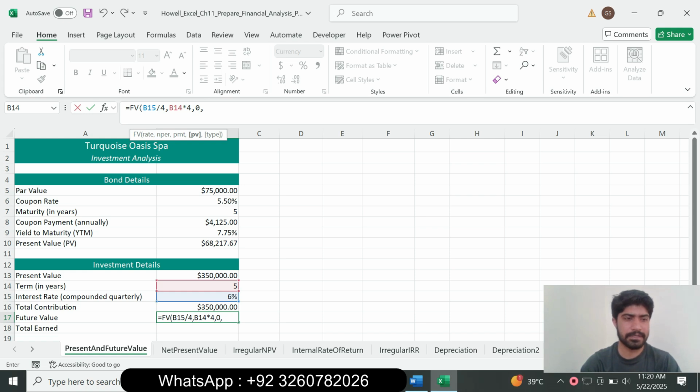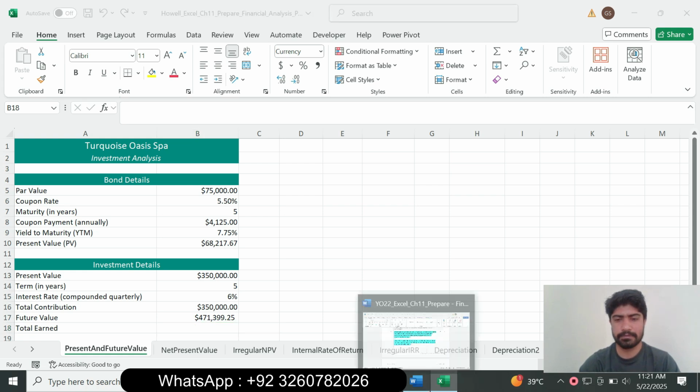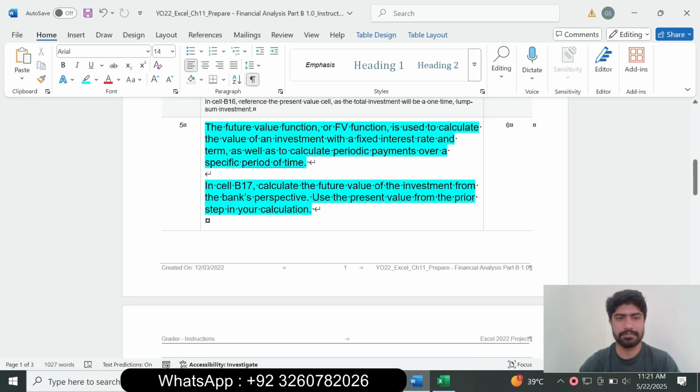Next is B13, the present value, and type the negative sign, close the bracket and press enter. So the result is 47,130,399.25. So question number five is complete.